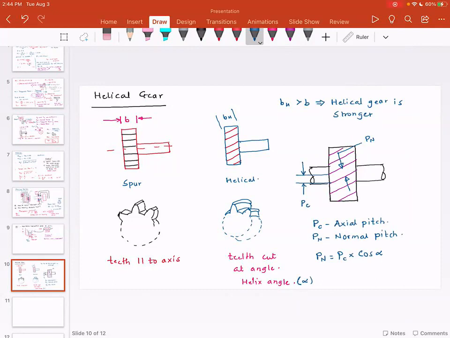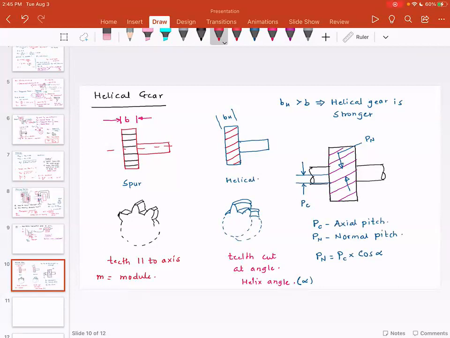Now, the most important thing here in the case of the helical gear is the ratio of face width to module. As we know, the module, m, is the most important parameter in gear design. For spur gear, the face width to module ratio could be anywhere between 12 and 5.